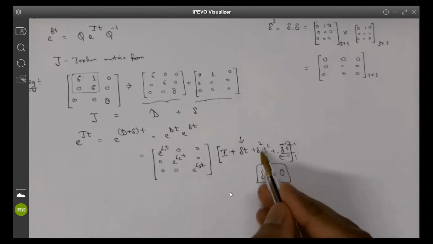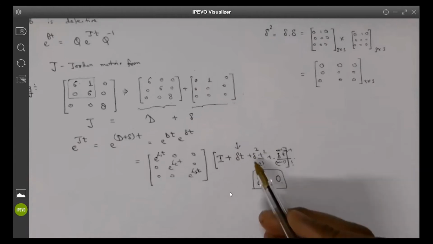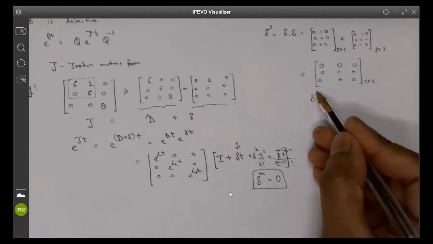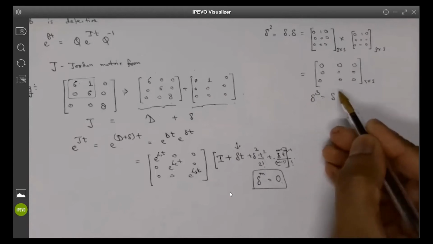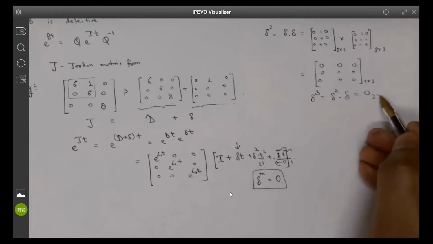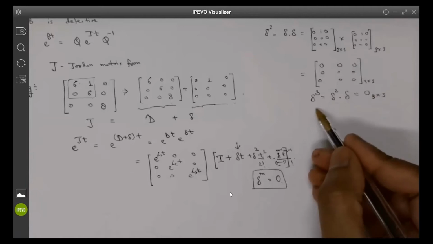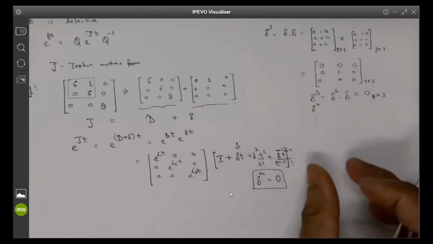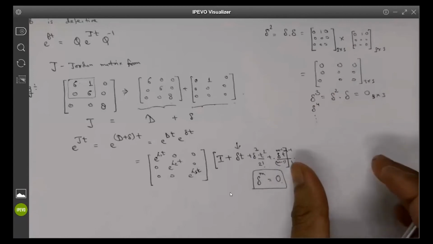You don't have any delta squared terms, because if delta squared is the 0 matrix, then delta cubed, delta 4, everything will be 0. Delta cubed will be delta squared times delta, and it will again be 0, 3 cross 3. It's not just a scalar number, it's a 3 cross 3 matrix. Similarly delta 4 and so on, everything will be 0. So we don't need to take all the extra terms in the infinite series.